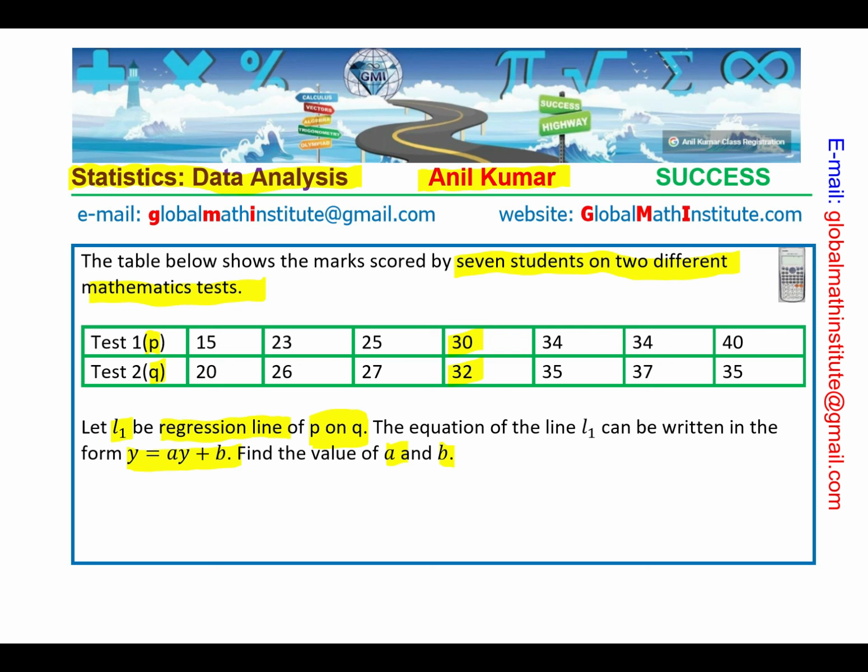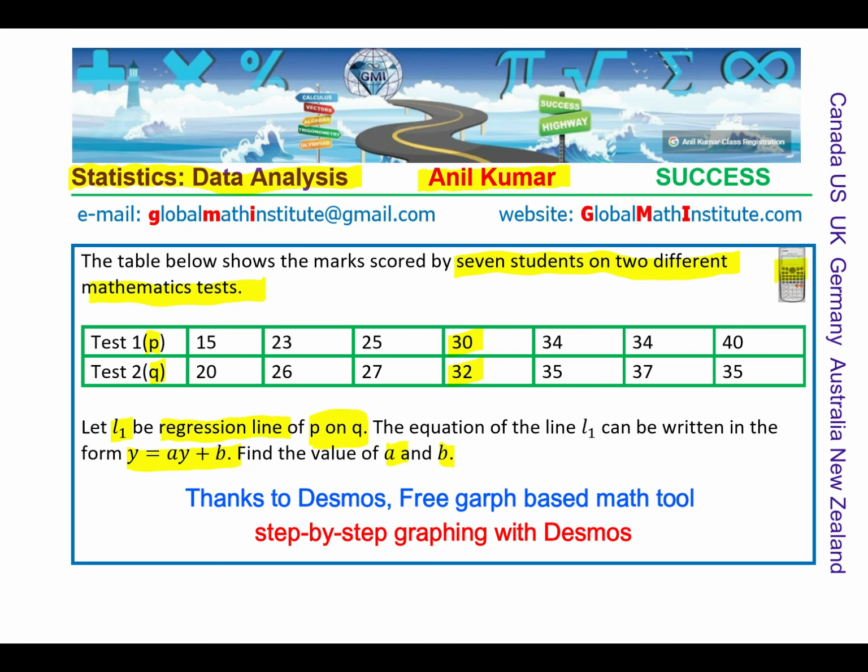Make sense? Now, how do we draw the regression line? We can use a graphing calculator of any kind, right? I'm going to use Desmos in this particular case. Since many of my students are not very familiar with how we use Desmos for the regression line, I'm going to take you step by step.